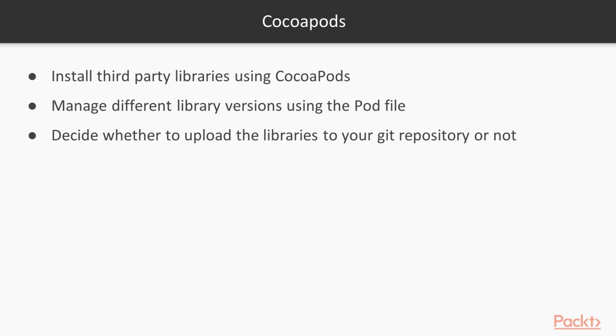This is something that you can do, but it's totally up to your team and the structure of your team whether you want to upload the pods or not. But in this tutorial, I'm not going to cover CocoaPods in detail. I'm just letting you know that yes, CocoaPods are there. You can use Alamofire, and the easiest way to install it is using CocoaPods.